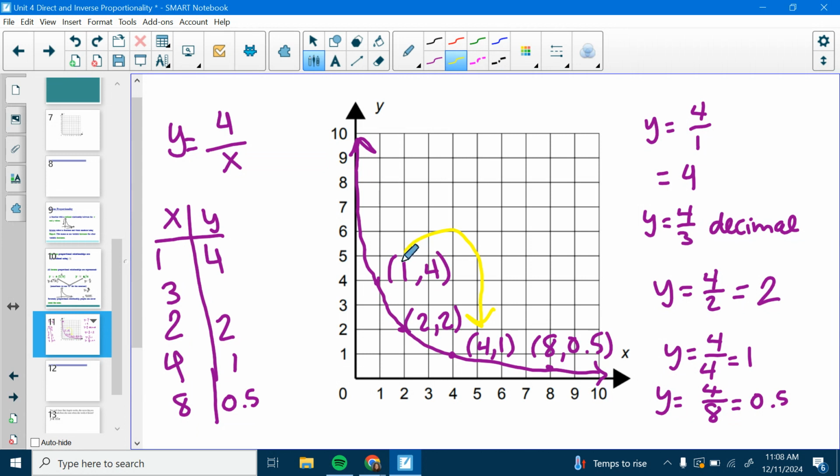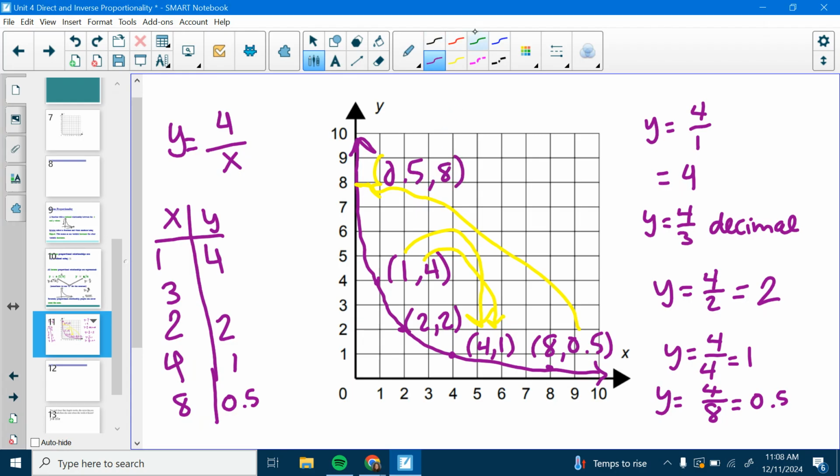So here my x and my y's switched around, okay? Which means that there's also a point over here, and I didn't graph it super well, that would be 0.5, 8. So these switch around.